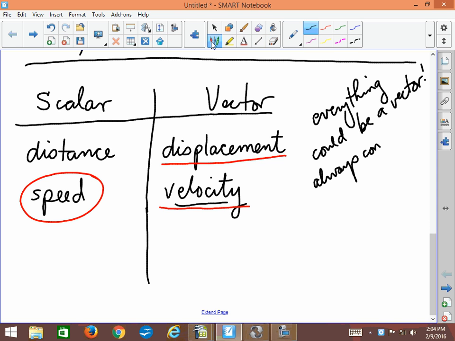You might be dealing with kilograms and say, there's no direction there. That doesn't matter, and don't worry about it. But you should always, in the back of your mind, think about whether a direction might be important in any kind of situation or anything that you're measuring. So you kind of assume everything might be a vector, and you make a conscious decision whether or not you're going to treat it like one or not. That's kind of the safest way to do it.